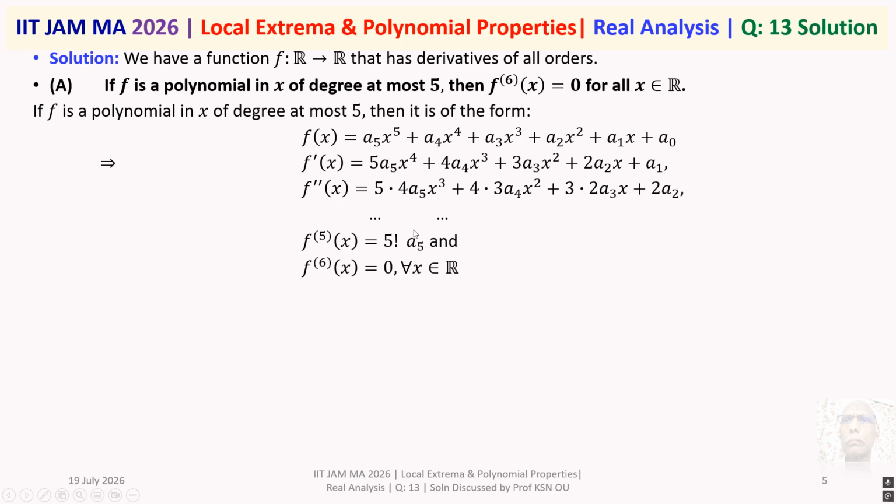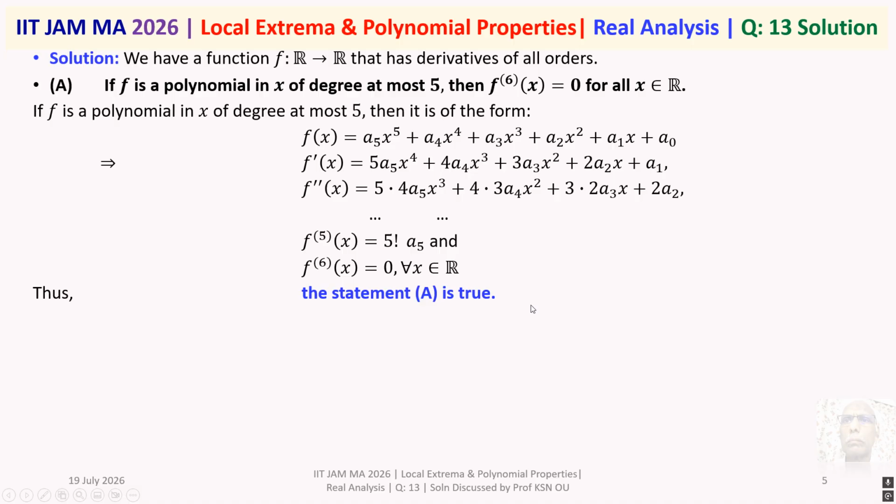Of course, one may argue it is at most degree 5, so there may not be a5. a5 may be 0. If a5 is 0, no problem. f5 of x will be 0 and f6 of x also equal to 0 for all x belongs to R. That's true. So thus the statement A is true.